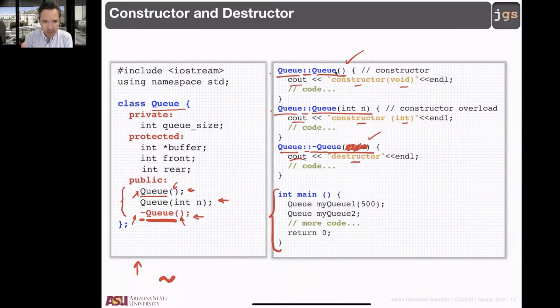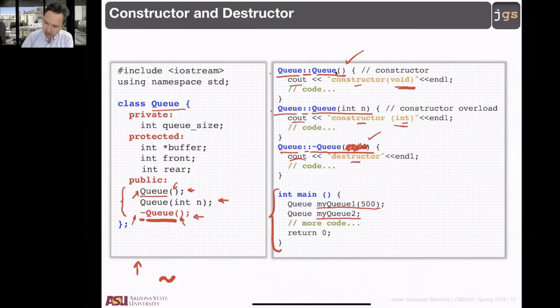How many objects am I creating in the main? Can you agree with me? 2 objects. How many times is this message, constructor void, going to be printed on the screen? How many times is this constructor int message going to be printed on the screen?